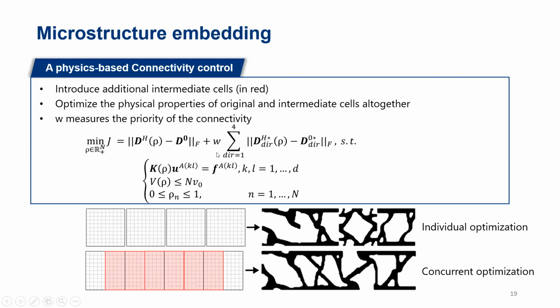In this formulation, W measures the priority of the connectivity. The bigger W is, the better the connectivity is obtained. Take a look at the new microstructure. The physics-based connectivity control could produce smoothly connected cellular structure.